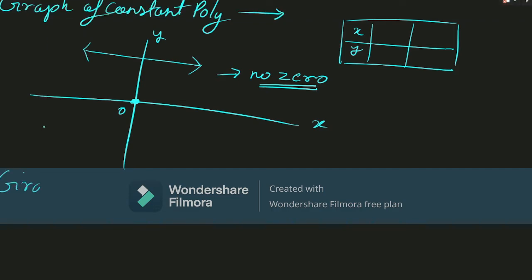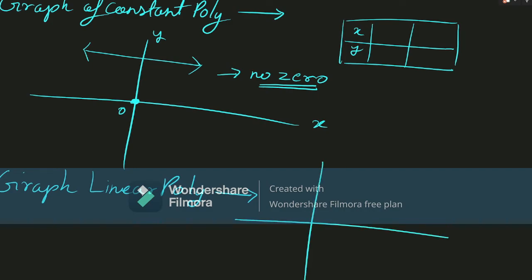Now let's talk about graph of linear polynomial. It is a bit different from the constant polynomial, because if we take this imagined graph, this is not up to scale, so don't actually draw this. Draw the proper way using graph paper. I'm just drawing this for your understanding.